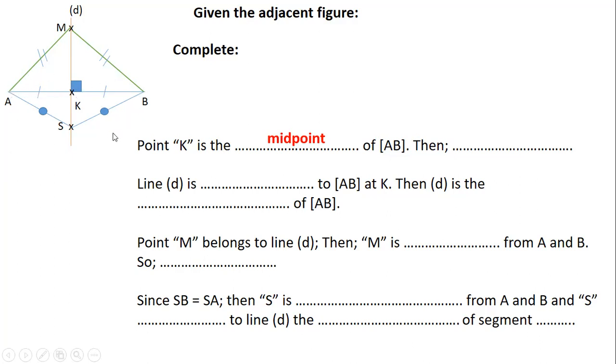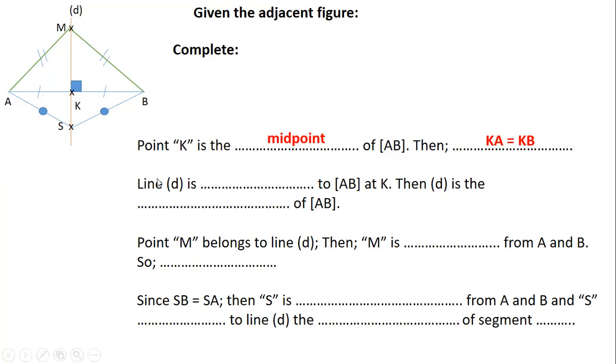They are equal. Don't worry, but whenever you have a midpoint, Muhammad, then AK will be equal to KB, right? Yes. Okay, then KA will be equal to KB.